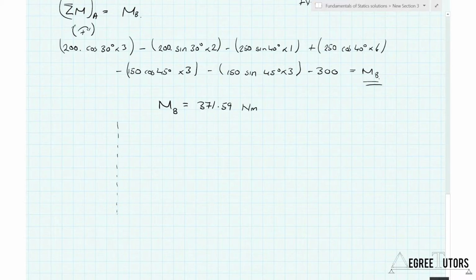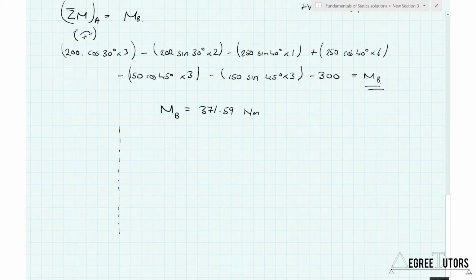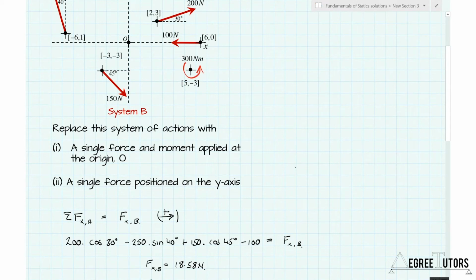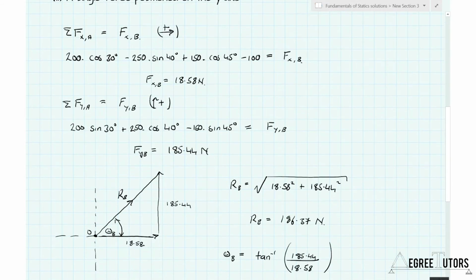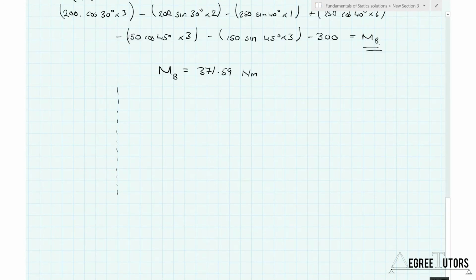All right, and so we can sketch out our system. So we can replace everything in system A. Did we call it system A? We call it system B this time. So our starting system is system B. Right, we can take everything in system B and replace it by a force applied at the origin with a magnitude of 186.37 newtons, orientated at an angle of 84.3 degrees counterclockwise from the positive x-axis.